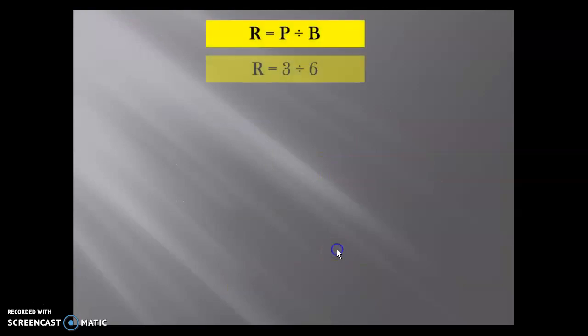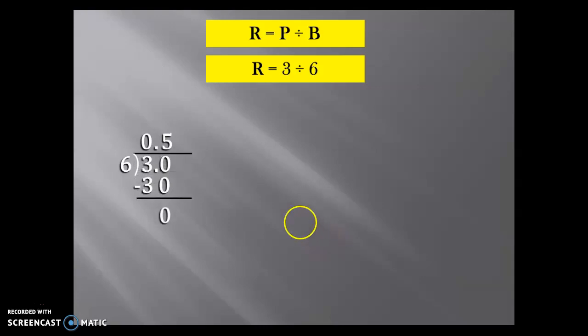Substituting the value of percentage and base, we just have to perform the operation. So 3 divided by 6 will give us 0.5. Now, if you want to give your answer in percent form, simply move your decimal point 2 places to the right and then add your percent symbol.